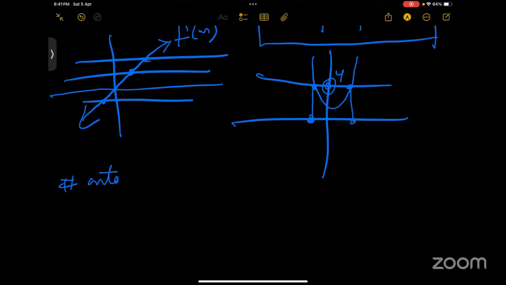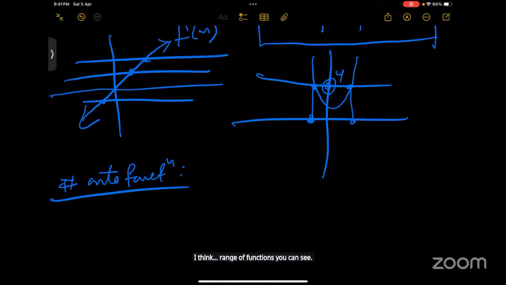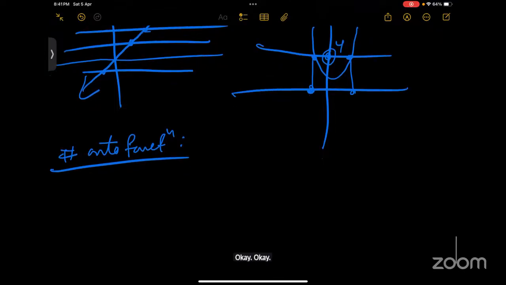Now, what is an onto function? Generally, if the range of the function equals the codomain, we can say the function is onto. Yes, what you are saying is correct.